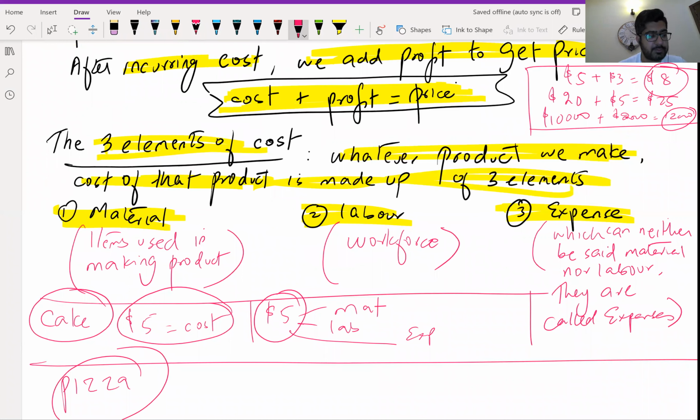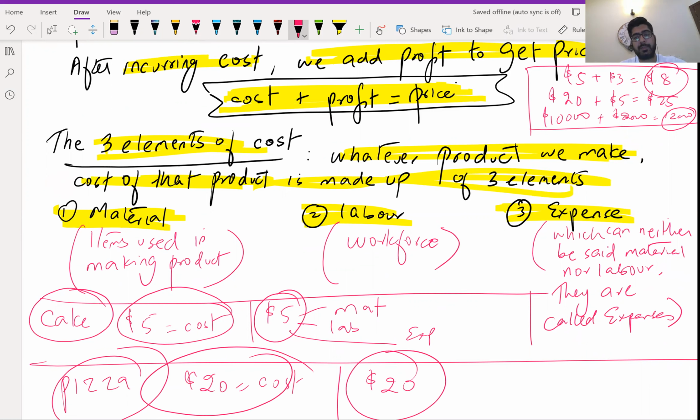When they make a pizza, the pizza won't be made for free. It will cost some money. Let's suppose $20 was spent on making the pizza, that's cost. This $20 cost is made up of three things because there are three elements of cost. Are there some items used in making pizza? Yes, money was spent there. Material like cheese, like dough, like ketchup. Okay, was some worker involved in making pizza? Yes, he was paid some money. That's labor. And electricity, gas, that is neither material nor labor, that's expense.